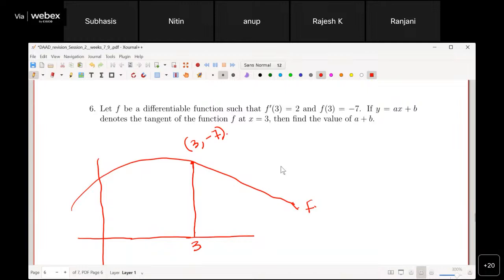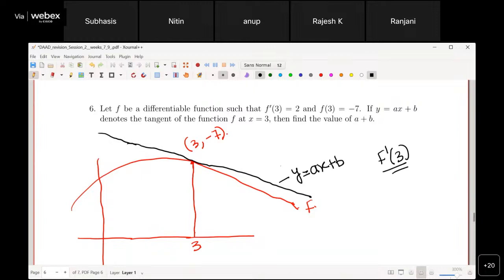So the derivative of this function at 3, that is f dash 3, will give me the slope of this line. Okay, suppose this line L, so this line is precisely ax plus b. So f dash of 3 will give me the slope of this line.